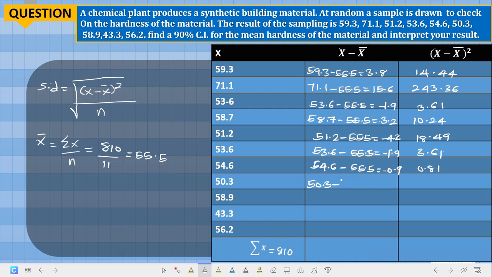Now the next one is 50.3 minus 55.5. This will give us minus 5.3. When you square that, it's going to give us 5.3 squared, which I think is 28.09.